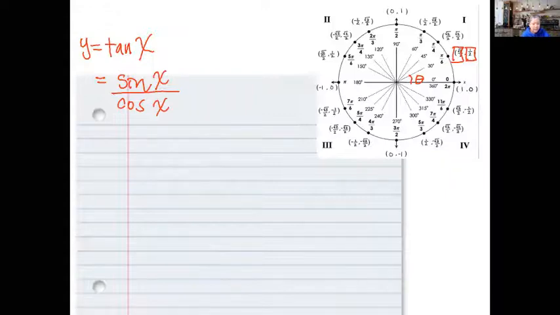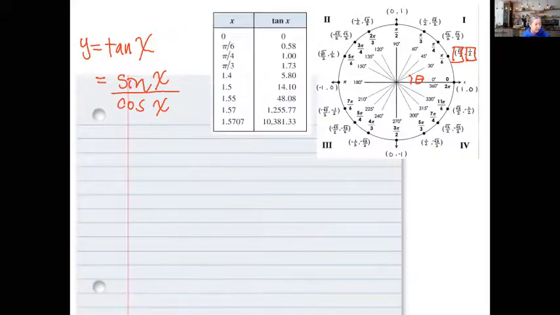Okay, then for the convenience and time of this instruction, I prepared this table here for you guys. So at 0, sine over cosine will get us 0/1, which is 0. And at pi over 6, you can calculate the approximation with your calculator.